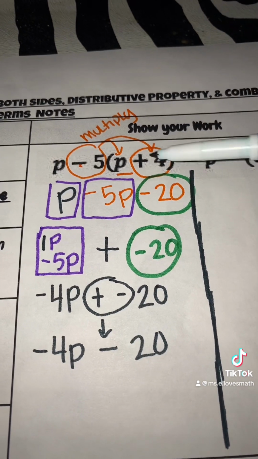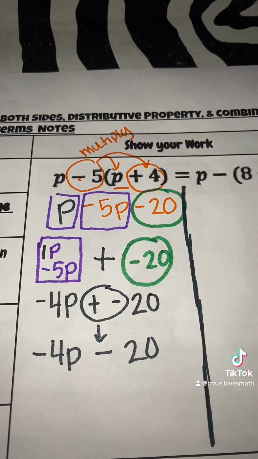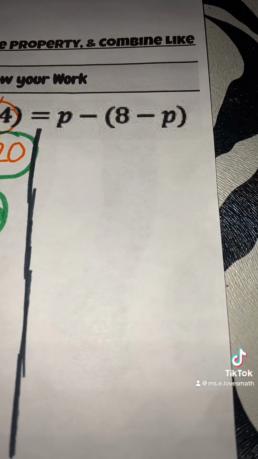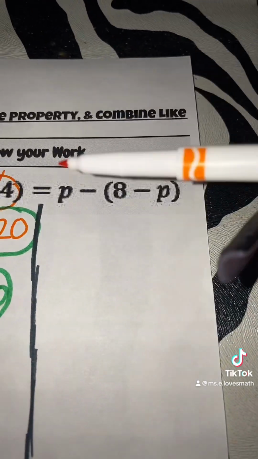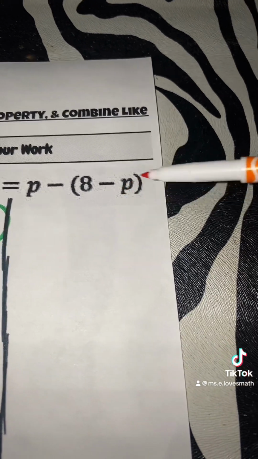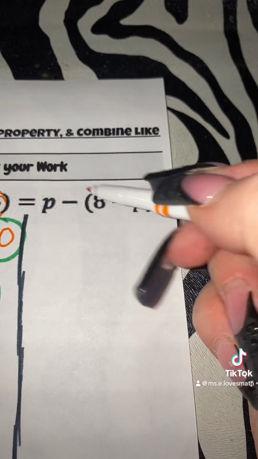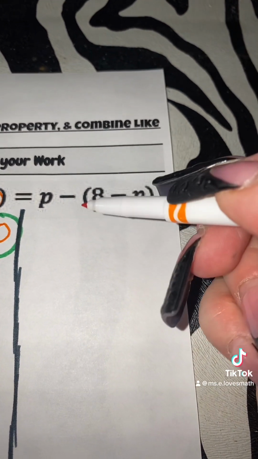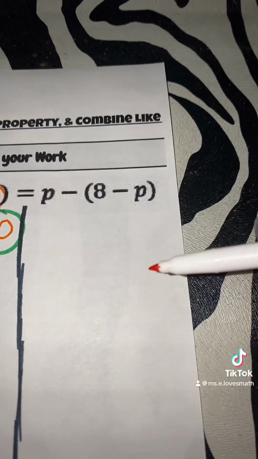So we have distributed, we have combined, and now we need to do the same steps to the other side before we can continue. Over here, we have p minus parentheses 8 minus p inside of the parentheses. Right here is what we are going to need to distribute. We have a negative being distributed into the parentheses.